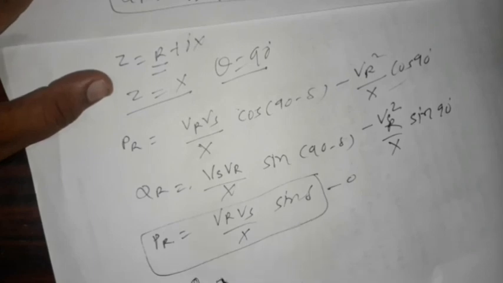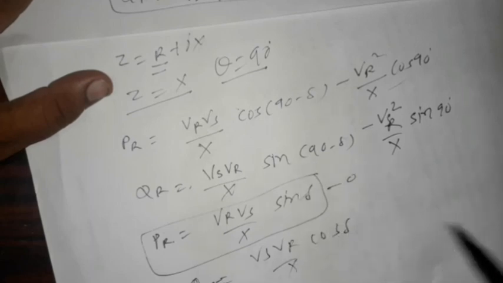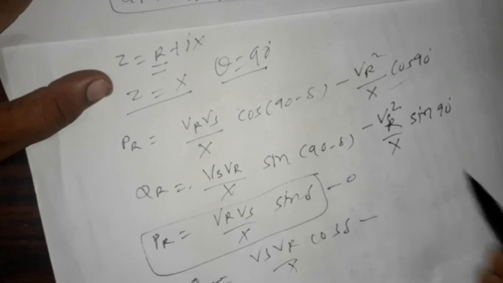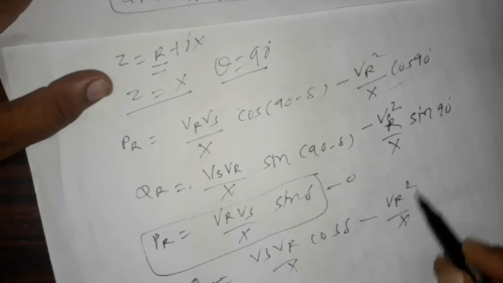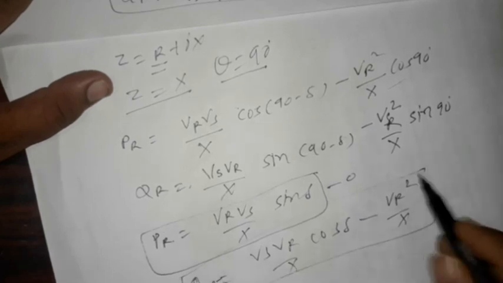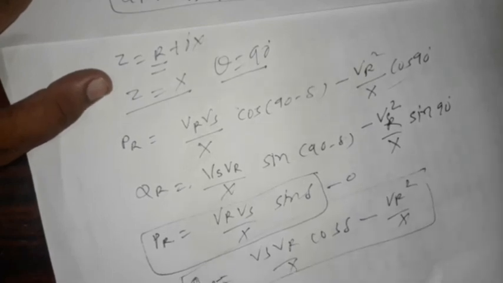Now QR is Vs into Vr by X. Now sine 90 minus delta becomes cos delta, minus sine 90, which is equal to 1, so Vr square by X. This is our reactive power equation.